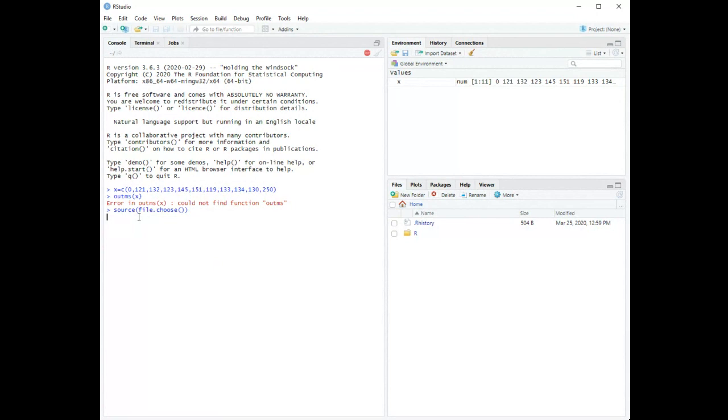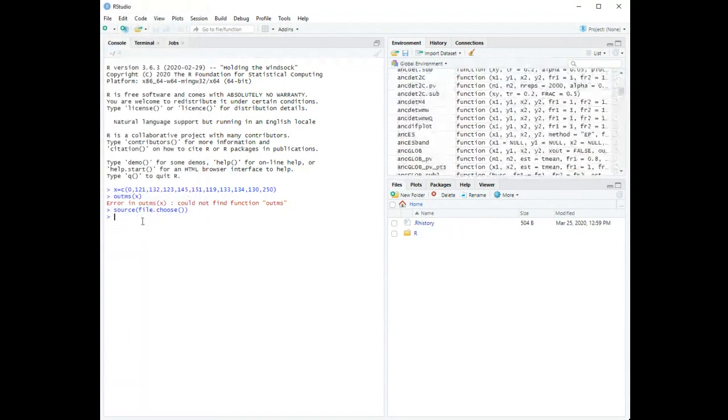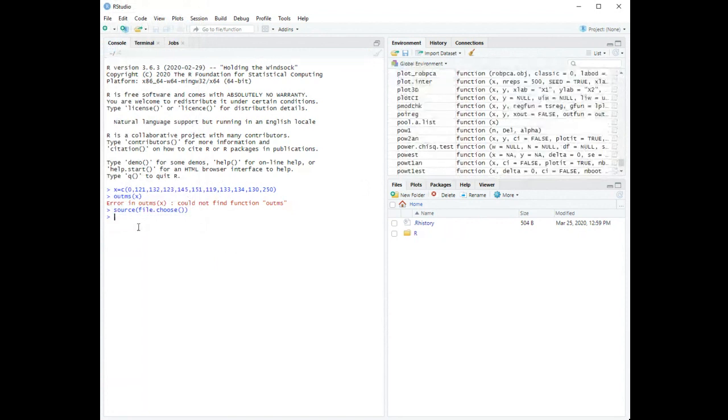I'm going to press enter, and it's going to bring me to that window and download all of that. So now I should be able to use that function on x, and there it is.